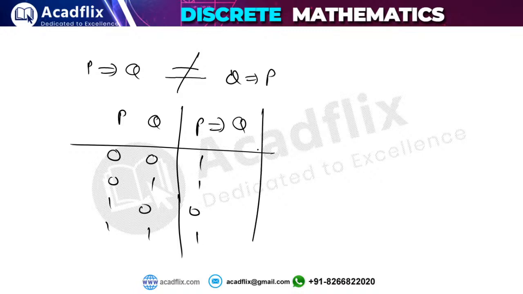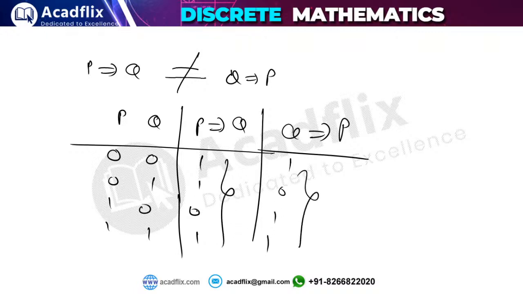We have already seen it. What will be the truth table of Q implies P? This will be 1 0 1 1. You can see this is not the same as this. This is 1 1 0 1, this is 1 0 1 1. So both are different. So P implies Q is not the same as Q implies P, and we can say that implication is not commutative.